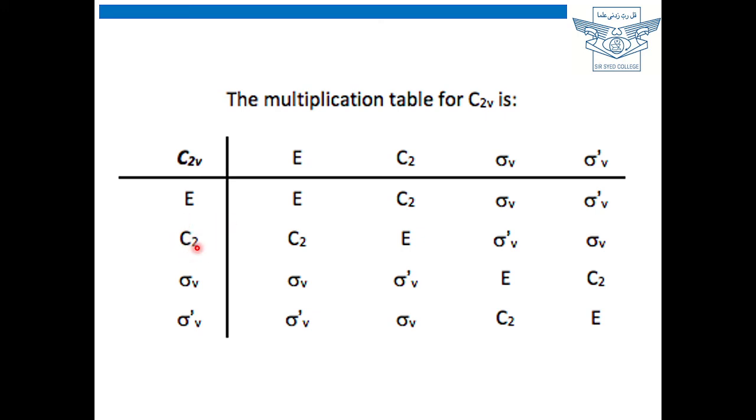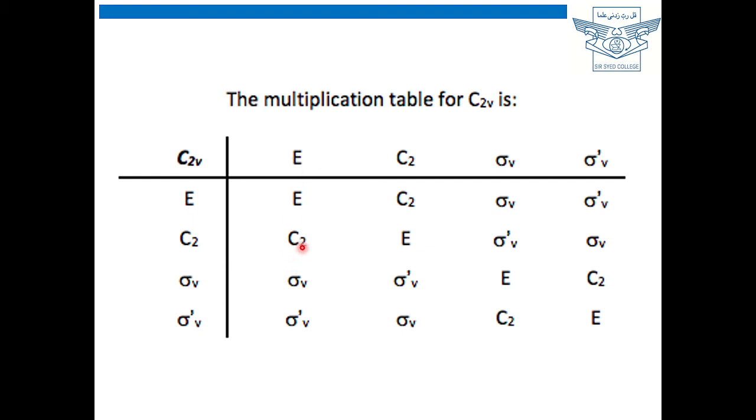Now let us come to C2. If you perform C2, just rotate the water molecule by 180 degrees, H1 will become H2, H2 will become H1. Then if you do identity, you will get only C2 because identity is doing nothing.